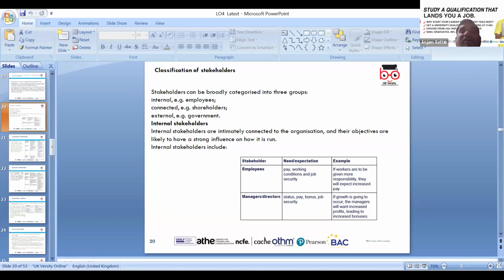Then we have connected stakeholders, those with connections to the company. Those are shareholders. Of course, shareholders want wealth maximization. That's the key. We can look at customer expectations. They want value for money, and whatever VAT they are paying should be paid to HMRC.